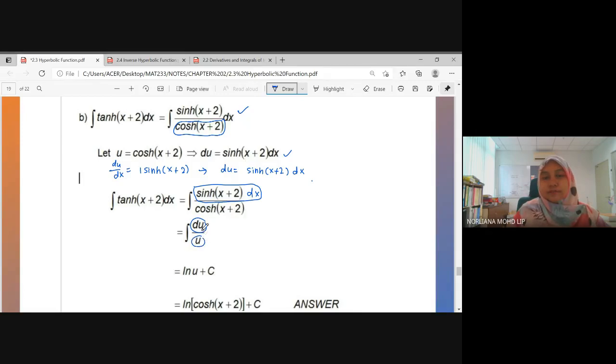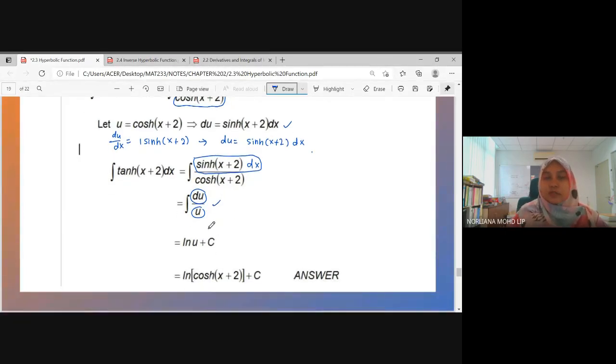Integrate of 1 over u du. Integrating 1 over u, we get ln u plus c. Then substitute u with hyperbolic cos x plus 2 and we get the answer, plus c. There must be a plus c if there are no boundaries; the constant is compulsory.